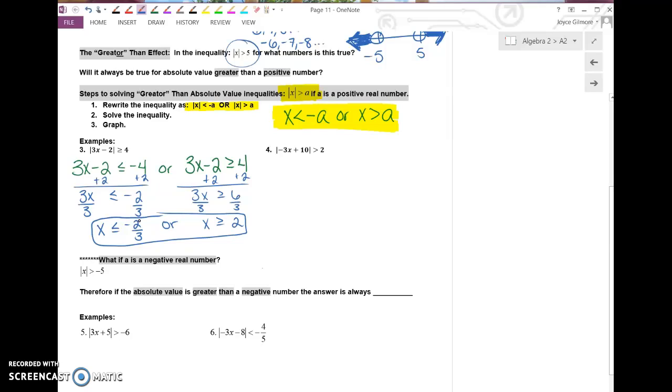X is less than or equal to negative 2/3, or X is greater than or equal to 2. I'm going to graph this one up here because I don't have a whole lot of room. Here's negative 2/3, and here's 2. These would both be closed circles. X is less than or equal to negative 2/3, or X is greater than or equal to 2.